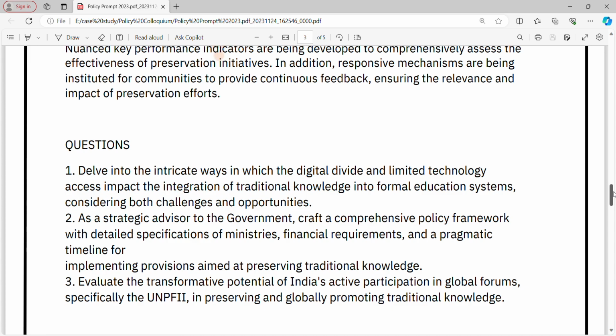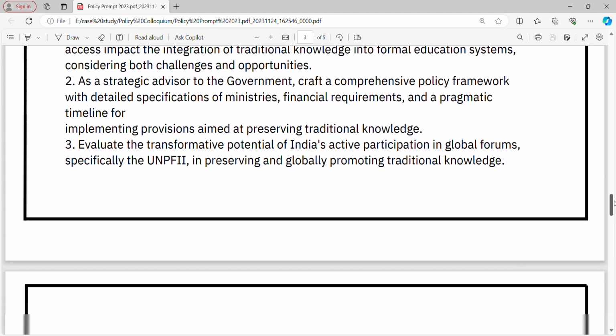Okay. Second, as a strategic advisor to the government, craft a comprehensive policy framework with detailed specifications of ministries, financial requirements, and a pragmatic timeline for implementing provisions aimed at preserving traditional knowledge. Third, evaluate the transformative potential of India's active participation in global forums, specifically the UNPFII, in preserving and globally promoting traditional knowledge.